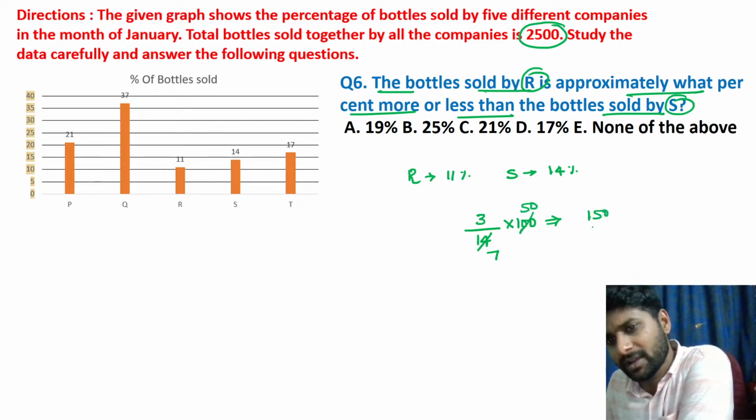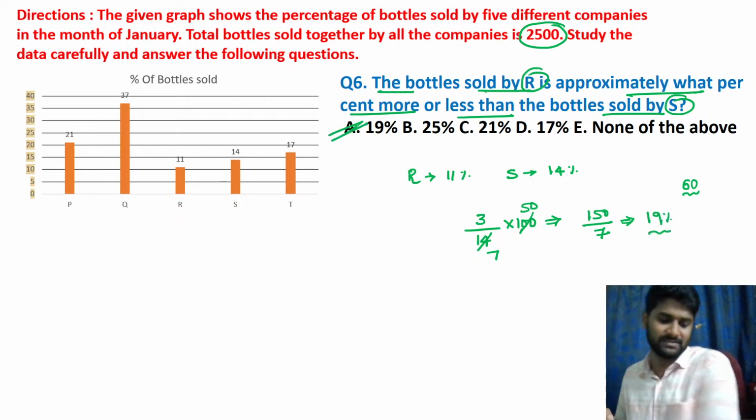Finally, the value becomes 150 divided by 7. 7 ones are 7, we have a 60 here, and approximately 7 sevens are 49, 7 nines are 63. So here the approximate percentage value is 19%.